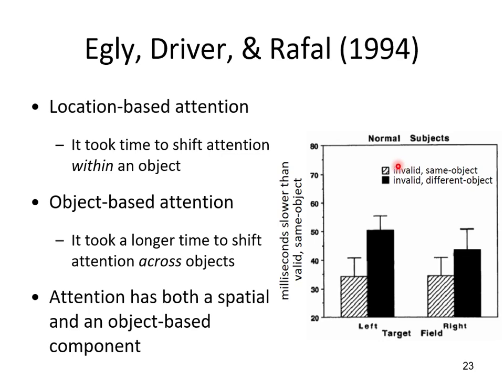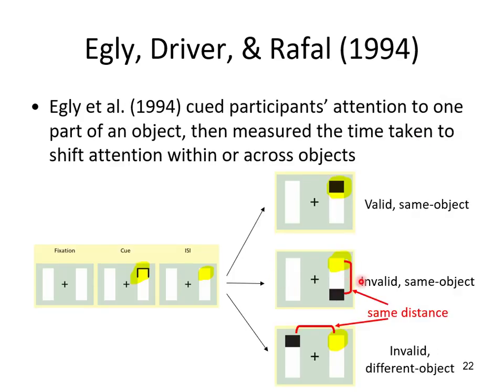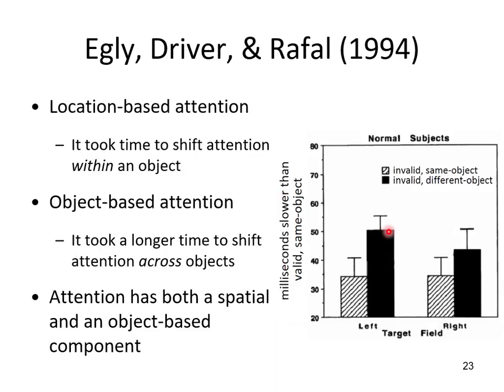So in the second condition here, invalid same object, it produces a cost. Relative to the valid condition, it is 35 milliseconds slower. That means it takes time to shift attention even within an object. That means we have evidence for location-based attention.